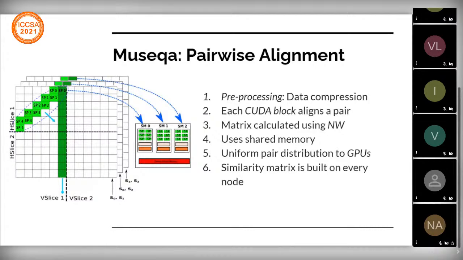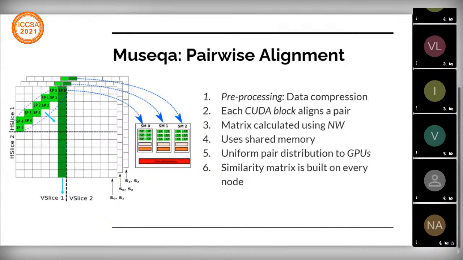Using this architecture, you can have maybe thousands of sequence pairs aligned at the same time. The objective of this step is to create a distance matrix between the sequences. This matrix is calculated divided among multiple GPUs at the same time, and then we gather all this data into all GPUs for the next step.